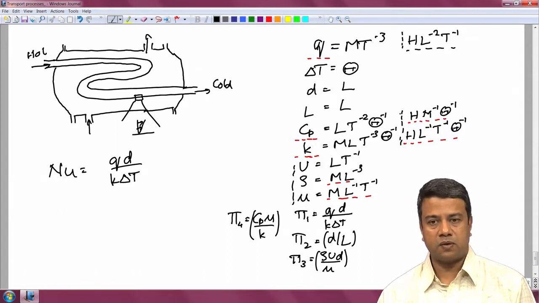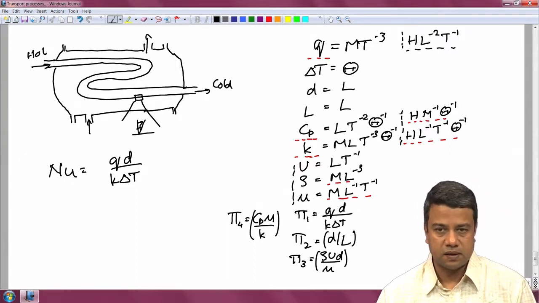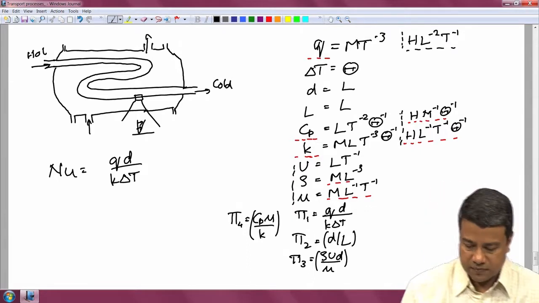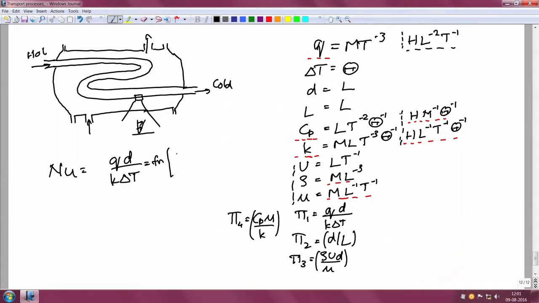What you want to measure or what you want to estimate is the heat flux. When you non-dimensionalize that, that is the dependent quantity, the non-dimensional heat flux. And this is some function of d by L, rho u d by mu, Cp mu by K.